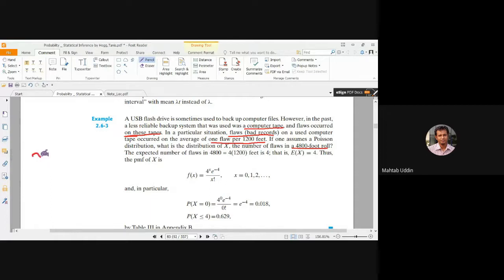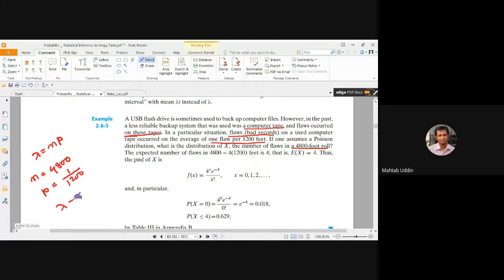We know lambda equals np. But what is n? What is p? n is the total resource. It has been given there are a total 4,800 feet roll. This is the resource. And p, the probability of getting the flaws: it has been said that out of 1200 feet there is one flaw. So at 1 foot there is how many flaws?